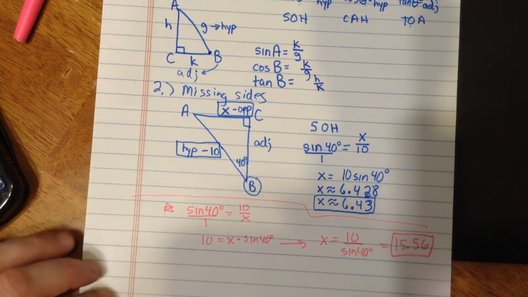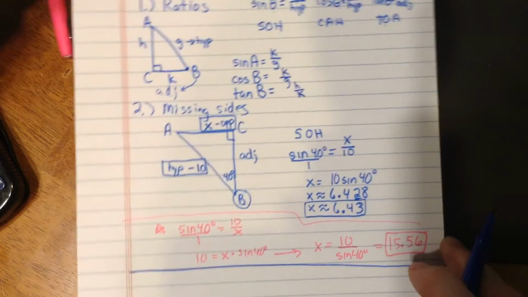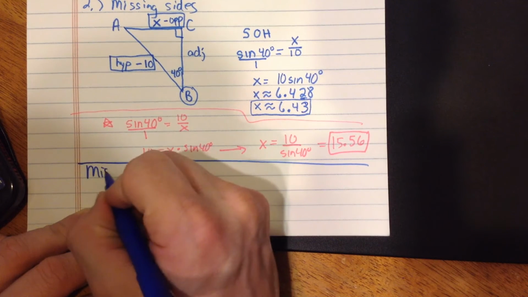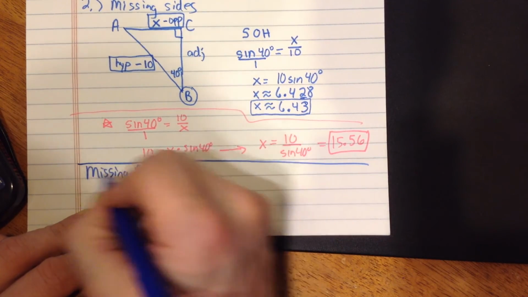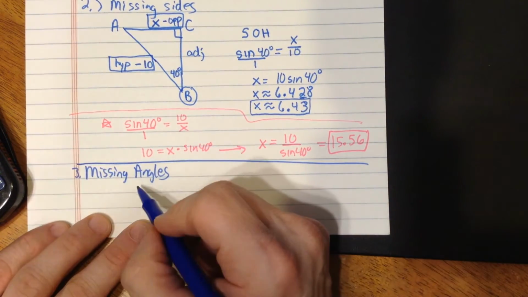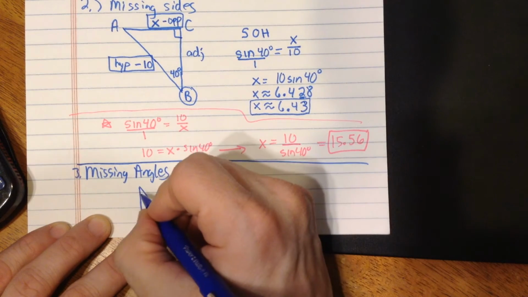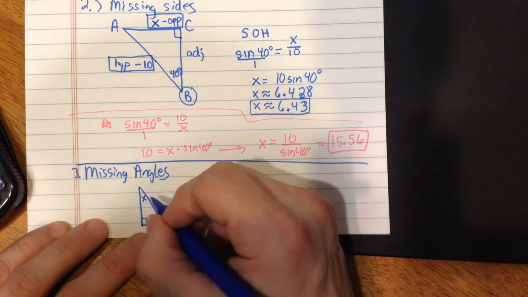And then lastly, we want to be able to find a missing angle. And that's pretty simple. Everything's going to work almost identically the same, except this time we're going to be missing an angle. I'm going to call that angle x, and I'm going to give two sides of the triangle.